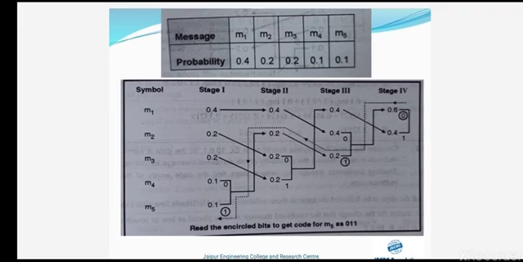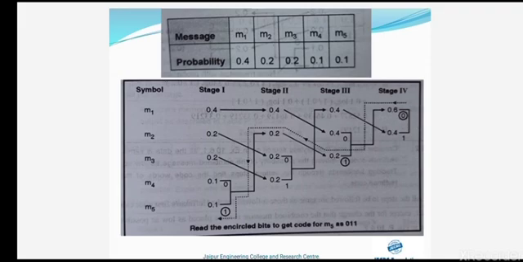As you can see, 0.1 and 0.1 are the lowest probabilities. We add these two probabilities and put the result into the next stage, stage 2, in decreasing order. We have to repeat this process until we get the lowest two probabilities in stage 4.